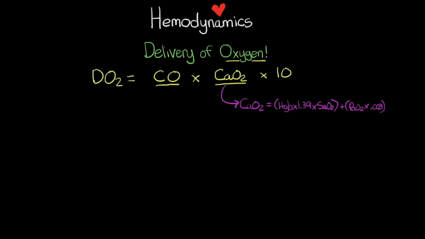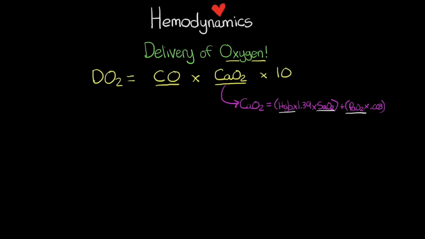The first of these is that in order to determine how concentrated our oxygen is in our blood, there are three factors that go into this. We have our hemoglobin, we have our oxygen saturation, and we have the partial pressure of oxygen, which is going to be our PaO2 off of our ABG.